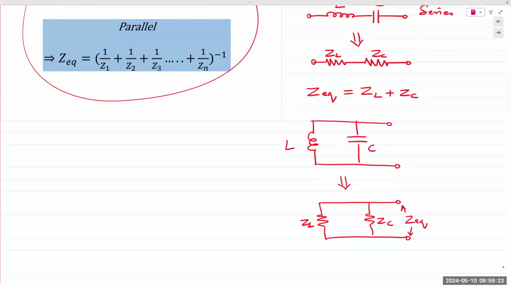Any questions? So again, impedances can be combined in series or in parallel, similar to resistors.